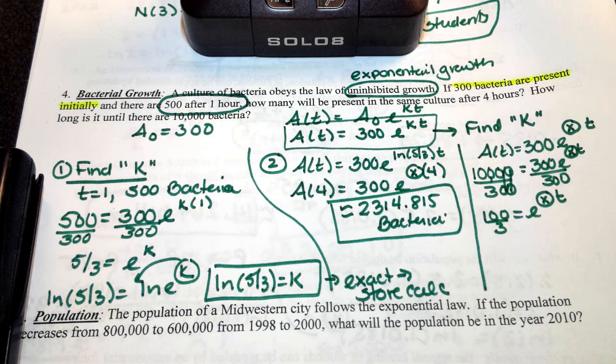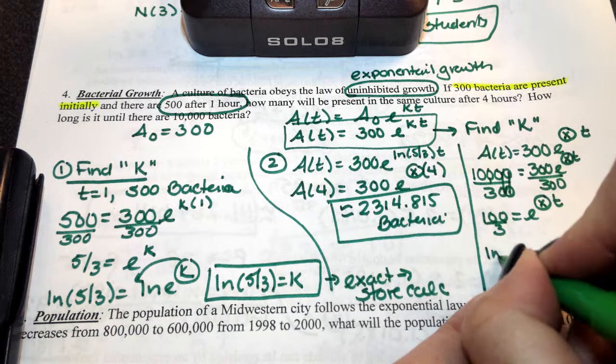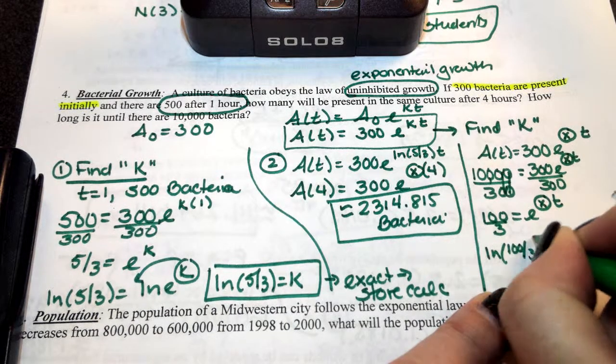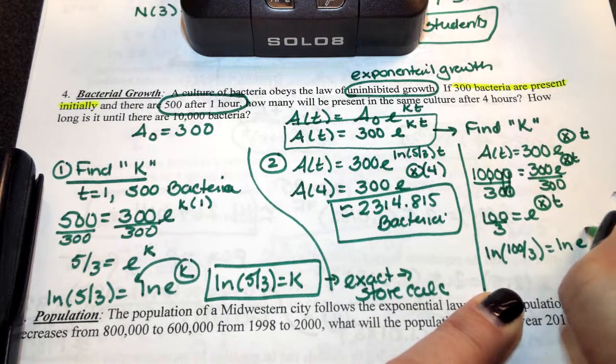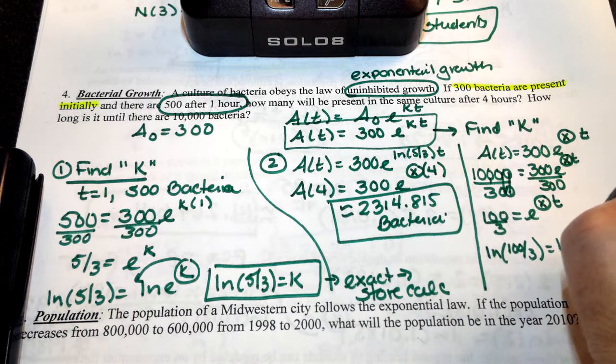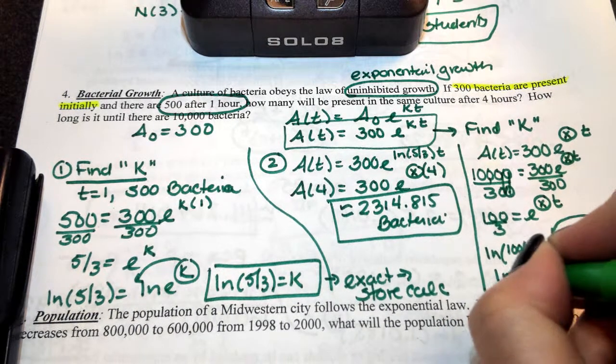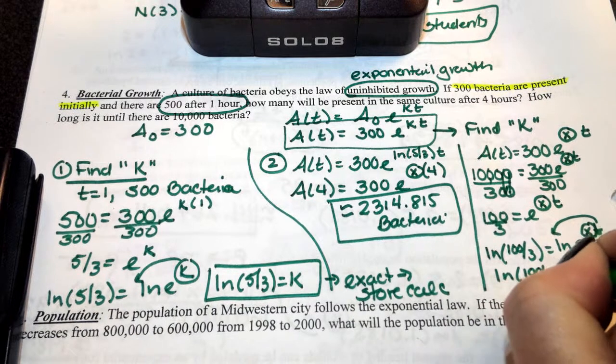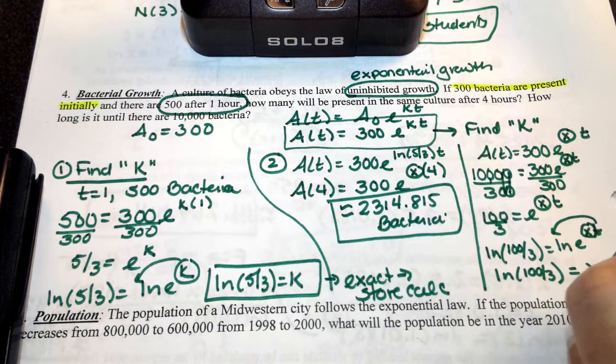Natural log. So the natural log of 100 over 3 is equal to the natural log of e raised to the xT. Again, I can pull that xT out of the exponent. And remember, the natural log of e is just 1.